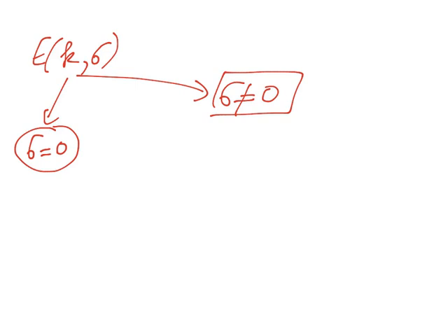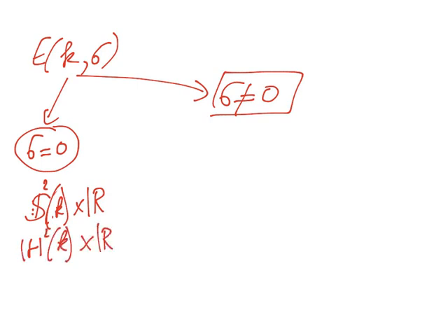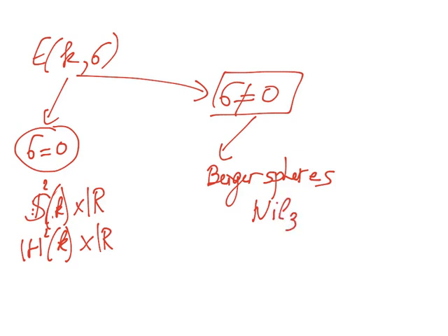So when tau is 0, I have S2 of curvature kappa times R, or I have the hyperbolic space of curvature kappa times R. And when tau is not 0, I have the Berger sphere, the Heisenberg group, and the universal cover of the Lie group PSL2R.